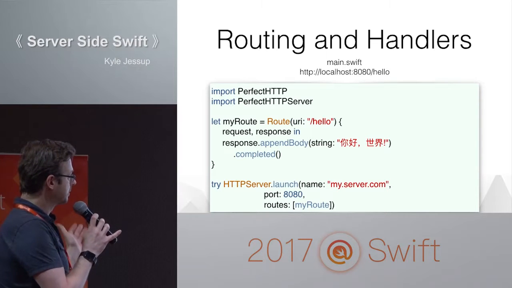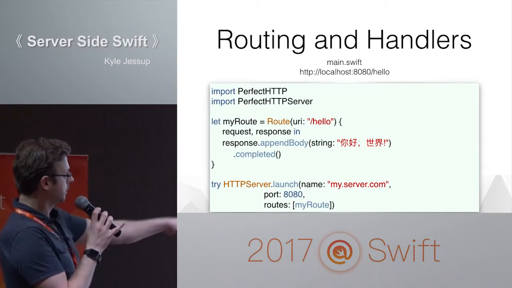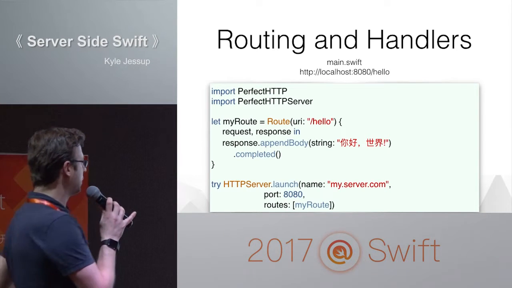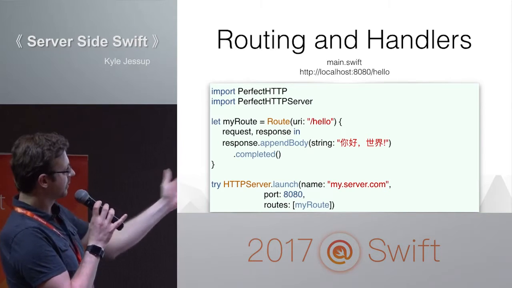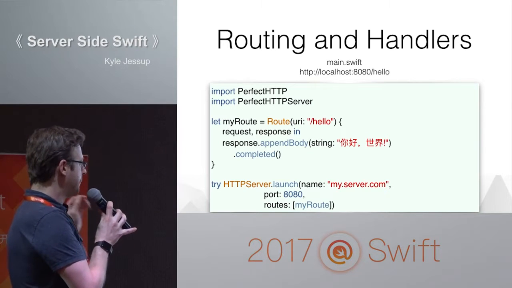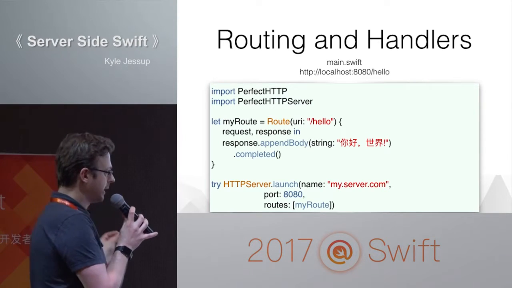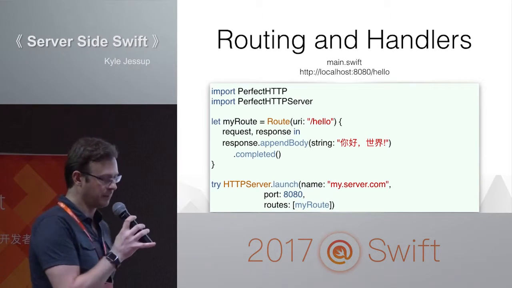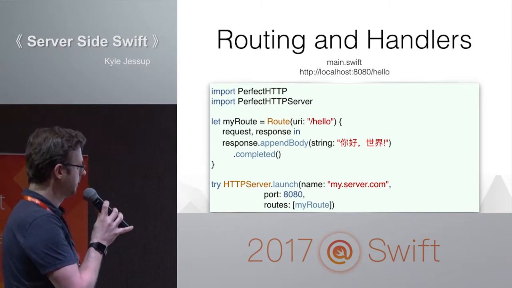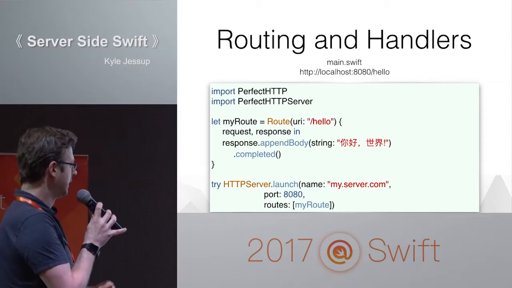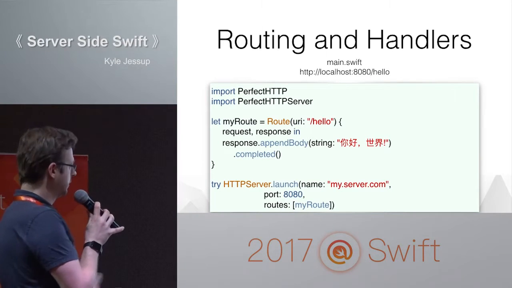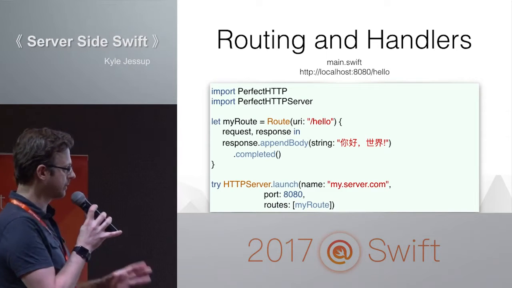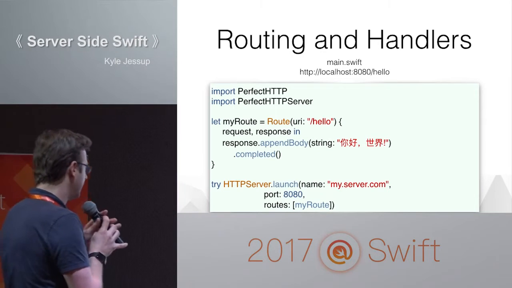You might notice in this code, the closure here after the route, it's accepting a request and a response. You can hang on to this response object. You can return from this function we provided. You can pass the response to a few other calls, add stuff to it, tweak it, and until you call completed, the request is still active.